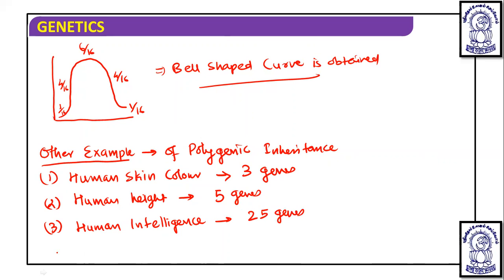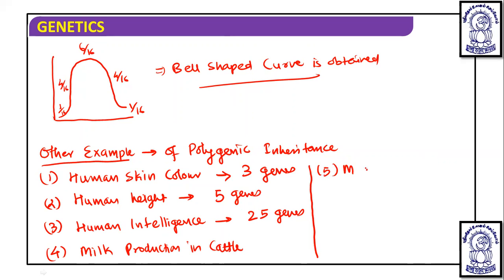Then if we take another example, milk production in cattle is also controlled by polygenic inheritance. Then if we see another example, meat production in animals is also controlled by polygenic inheritance or multiple genes.